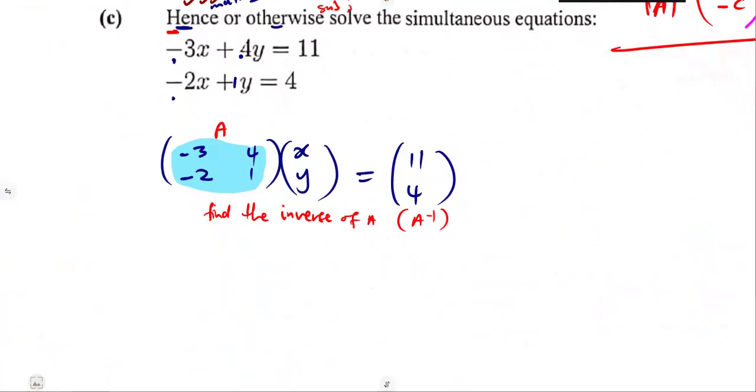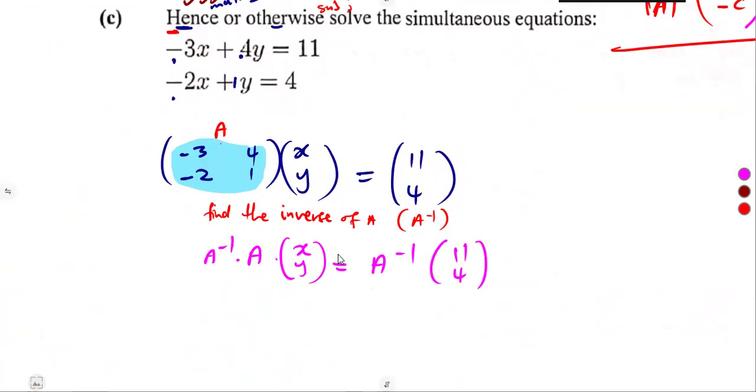Then after calculating the inverse, what do you do? You multiply by the inverse on both sides of the equation. You take this equation as it is. Remember, this is matrix A. You take the inverse of A times matrix A times the xy that we are seeing here, which is equal to the inverse of A times 11, 4. This is what was going to happen. You take the inverse.